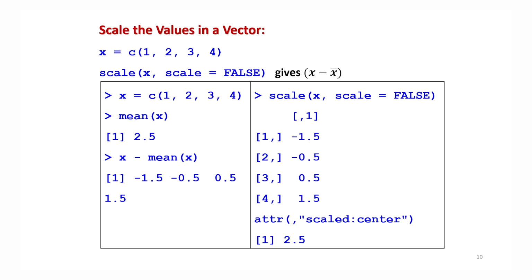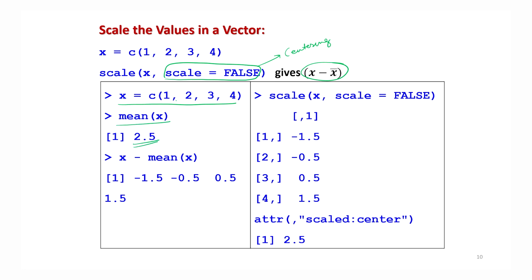Now I try to use one more option of this scale function, that is scale is equal to false. So when you try to use scale is equal to false, then it will only do the centering. That means x minus x bar. So now what will happen? The mean of all the observations will become 0. So if you try to see what I am doing, I take the same data 1, 2, 3, 4. Its mean is 2.5.